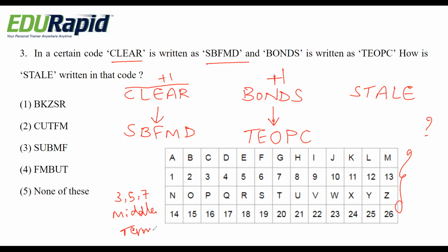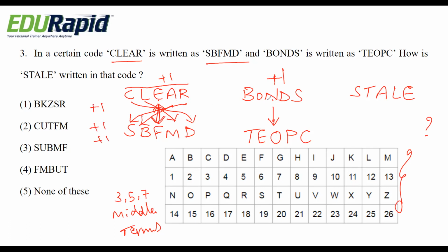That middle term is usually related to that middle one only. In that pattern, here the middle one is E and here it is F, and in the second one, BONDS, N is the middle one, and in TEOPC it is O. After A it is B, and after R it is S, after L it is M, and after C it is D. So we can clearly say that it is increased by one.